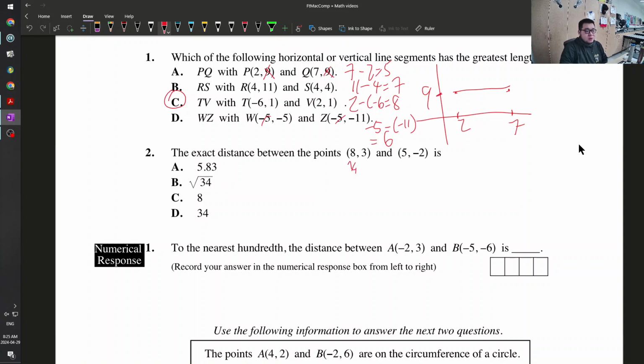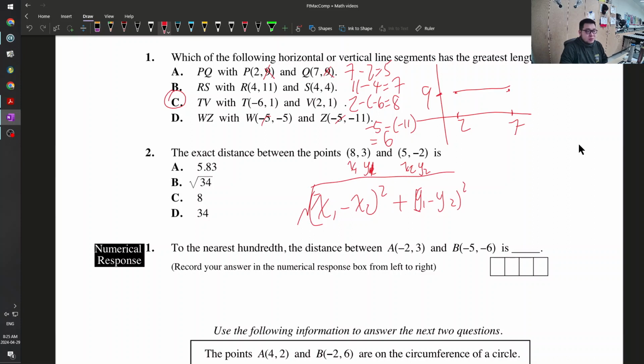Okay, what is the exact distance between point (8, 3) and (5, negative 2)? So this is x1, y1, x2, y2. Pythagorean theorem with a little bit of extra steps. x1 minus x2 squared plus y1 minus y2 squared, take the square root of the entire thing.